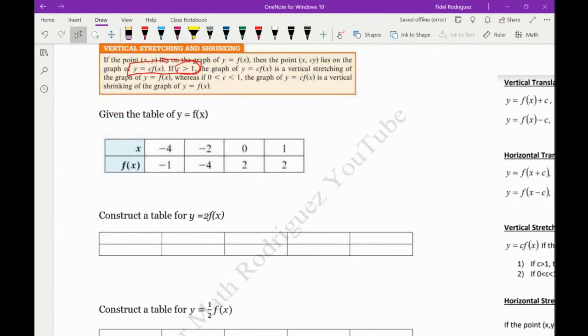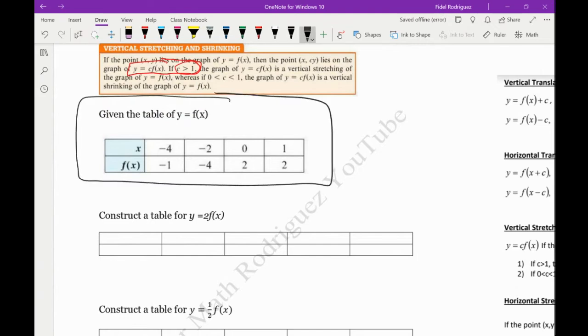So this particular problem, we're not actually going to draw a picture. We're just going to fill in the table. So if you notice here, y'all, they give me a table for y equals f of x. These are the x numbers. These are the y numbers, okay? What we're going to do is we're going to make a table for y equals 2 times f of x.